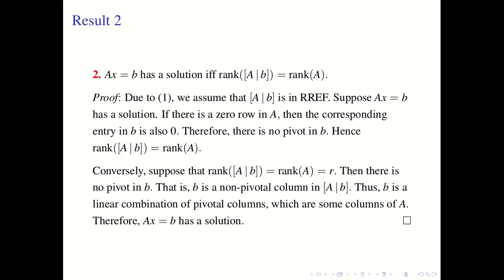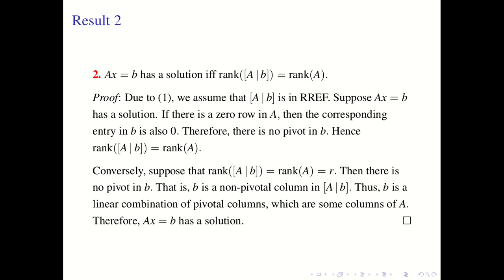So wherever the entries of A are 0, the corresponding entries in B will also be 0. That's the assumption that rank of AB is equal to rank of A equal to R, which means that there is no pivot in B. That is, B is a non-pivotal column in the augmented matrix.